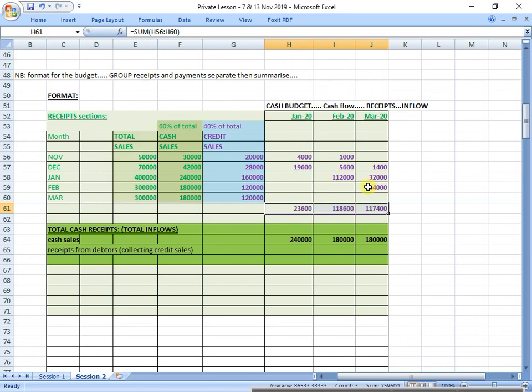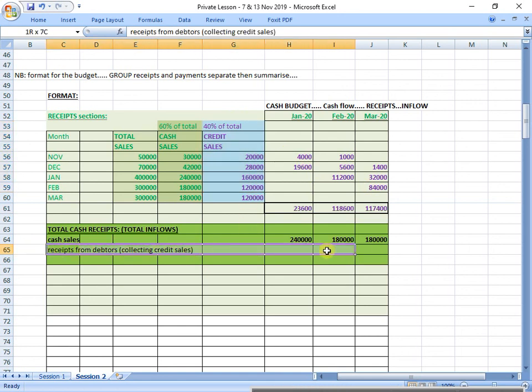Agree? Okay, and that represents what? The receipts from my credit sales. Make sense? Okay, so this line over here is going to show all the receipts from your debtors. Okay, in other words, your credit sales for those particular months.